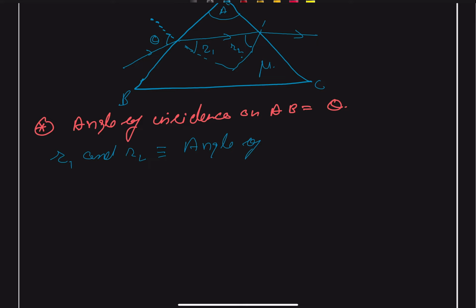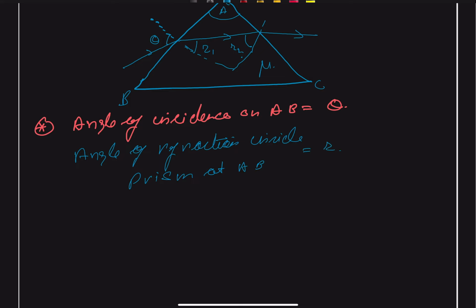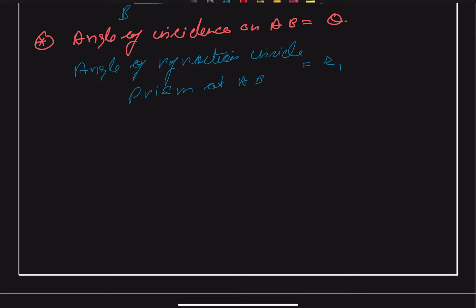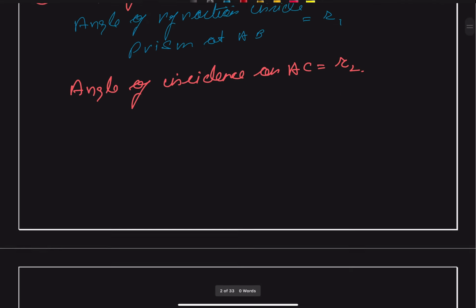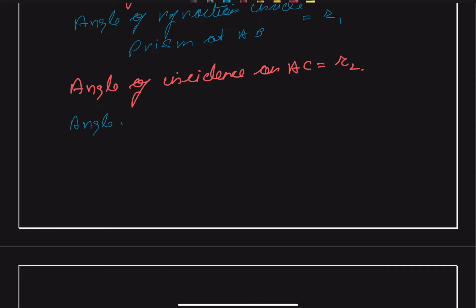Let me write it separately. We have the angle of refraction inside the prism at face AB, which we have taken as R1, and the angle of incidence on face AC, which is our R2, and the angle of emergence from AC, let us call that theta 2.